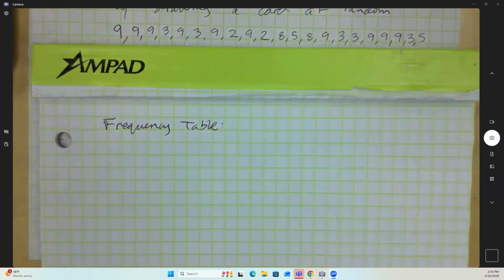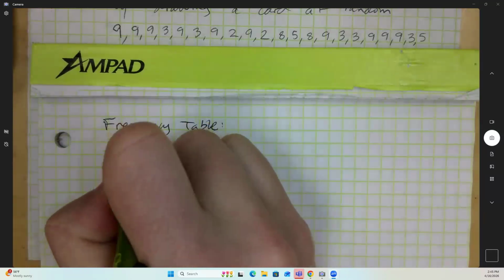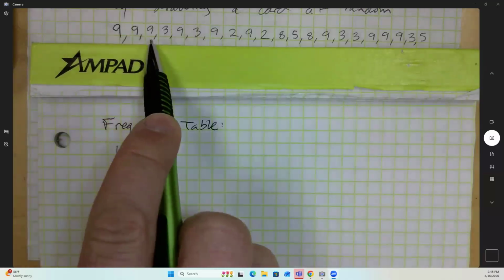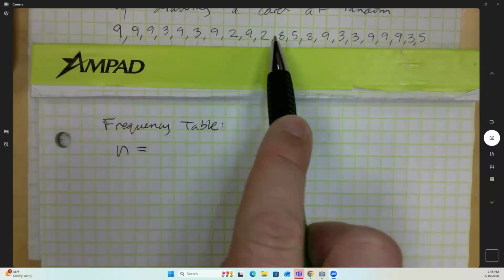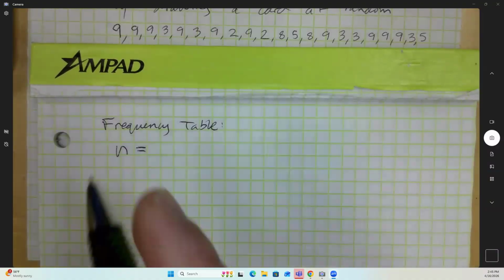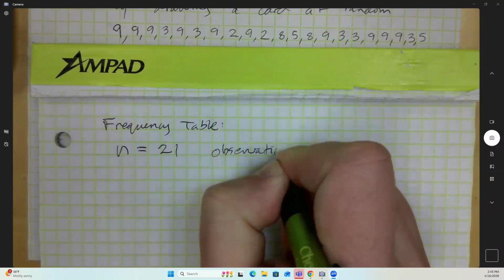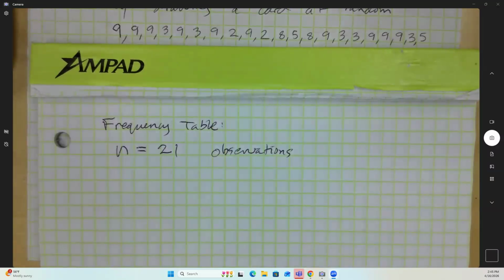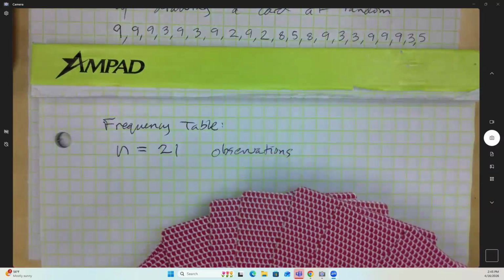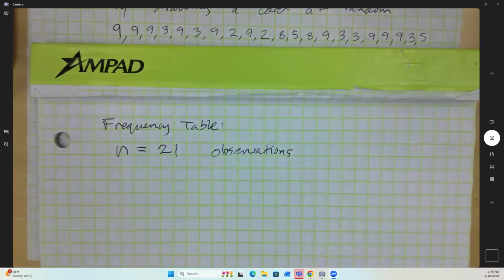Another good place to start is with our most foundational summary statistic, which is how many observations. 1, 2, 3, 4, 5, 6, 7, 8, 9, 10, 11, 12, 13, 14, 15, 16. I counted 21 observations. There were only 10 cards. So definitely some of these cards got picked more than once, but that's okay in a probability distribution because we're sampling without replacement.